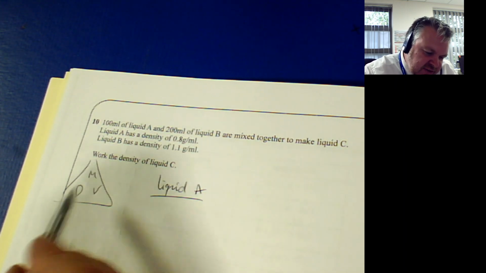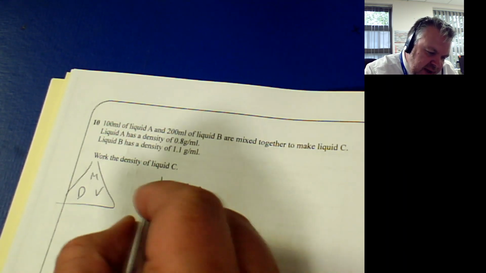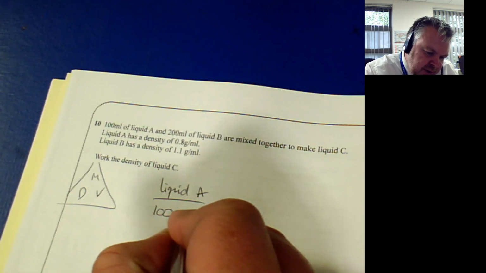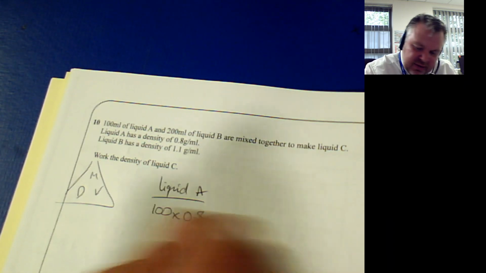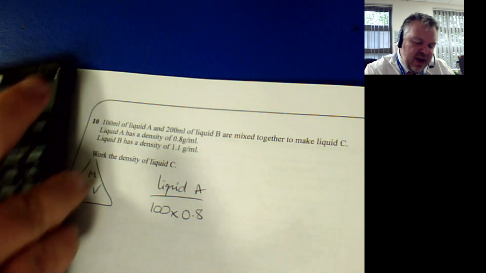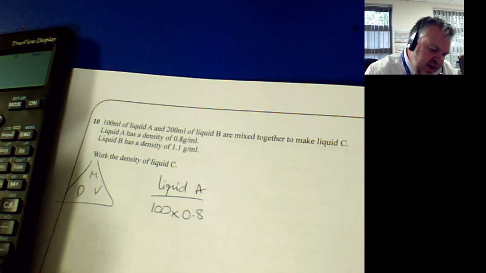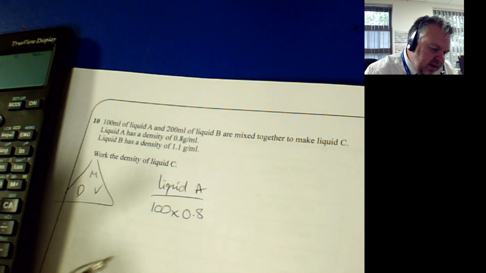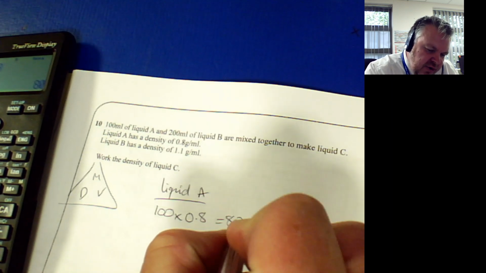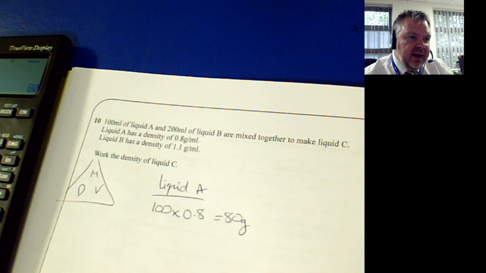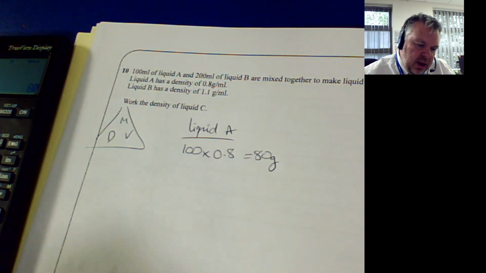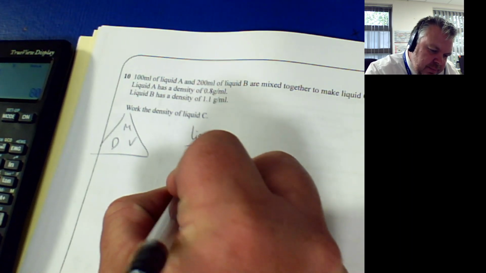So I'm going to do density multiplied by volume. Liquid A, 100 multiplied by 0.8 is going to give me, again, a very simple calculation, but I'm just going to check, because it's so easy to make an error. 80 grams. So I've got 80 grams of liquid A. Let's do a similar thing for liquid B.